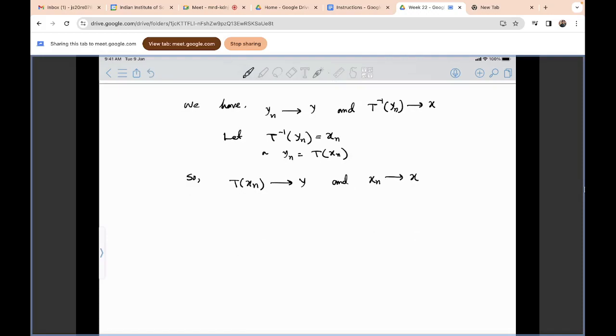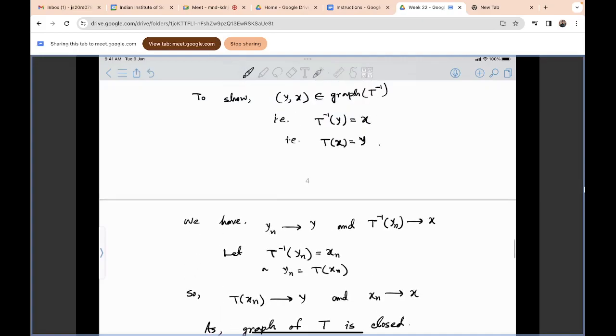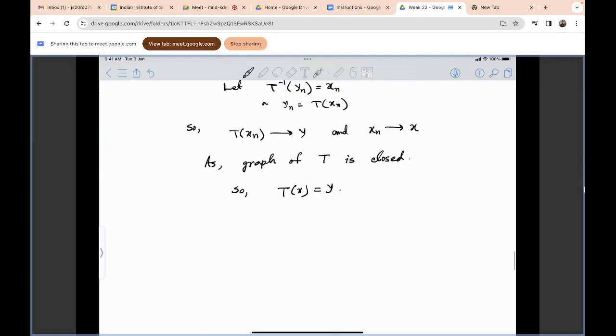Now, as the graph of T is closed, this is the definition of closed graph, right? What is the definition of closed graph? If xn converges to x and T xn converges to y, then T of x must be y. So T of x equals y. That is what we had to show, so we are done.